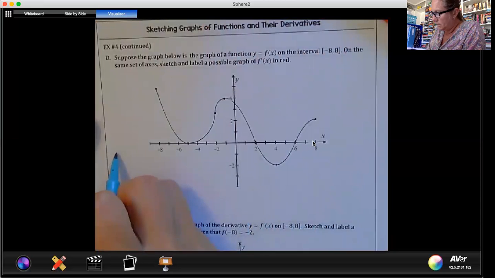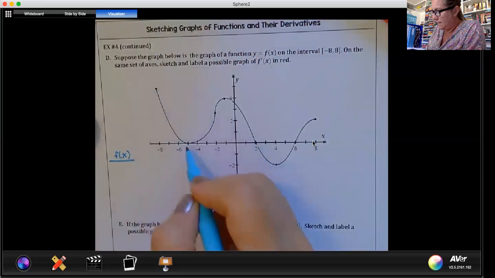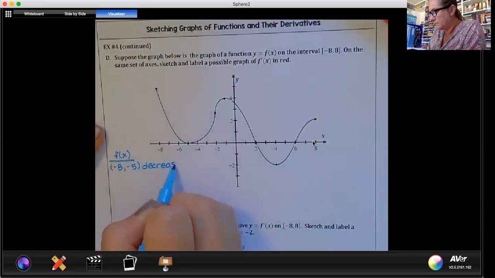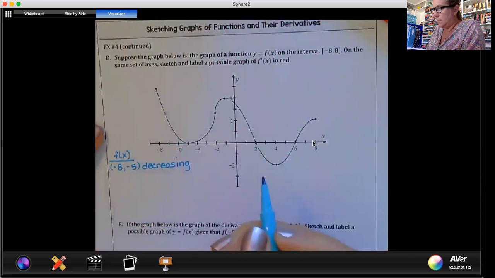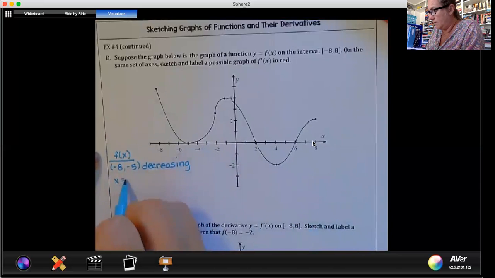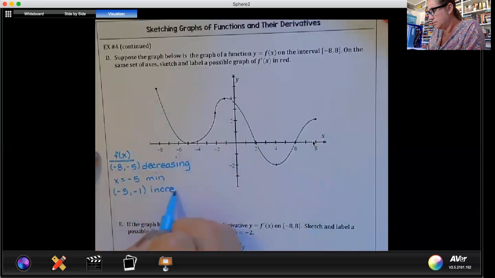So on our f of x graph, what's happening is from -8 to -5, we are decreasing. And then once we hit -5, -5 is a minimum. And then from -5 to -1, our graph is increasing. And then we hit a maximum.